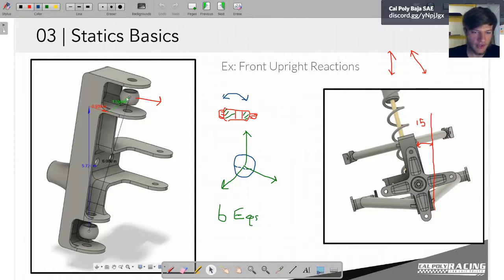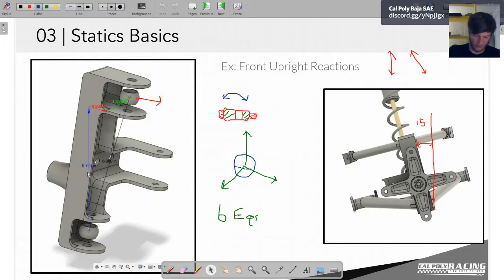If you guys want to take a screenshot of that real quick or write them down, they will start to get confusing really quickly. So remember that inclined angle, so that's the angle off of the XZ plane, is 15 degrees. And the X, Y, and Z distances broken up there are those that are shown.